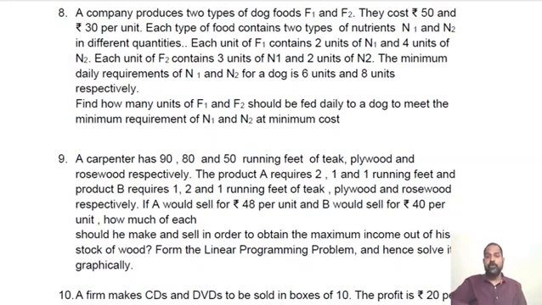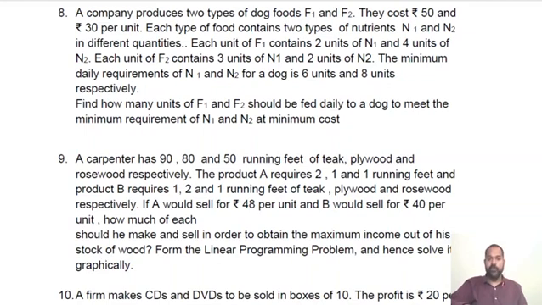A company produces two types of dog food, F1 and F2. The cost is rupees 50 and 30 per unit. Each type of food contains two types of nutrients N1 and N2 in different quantities. Each unit of F1 contains 2 units of N1, 4 units of N2. Each unit of F2 contains 3 units of N1, 2 units of N2. The minimum daily requirement of N1 and N2 for a dog is 6 units and 8 units respectively.